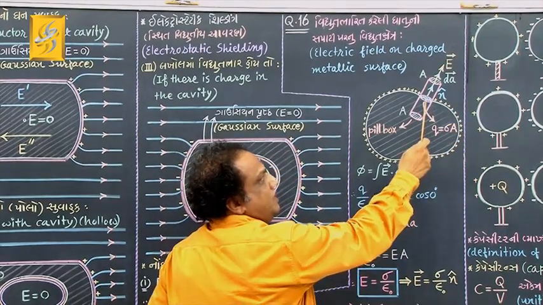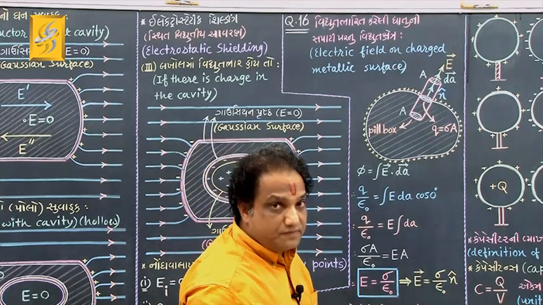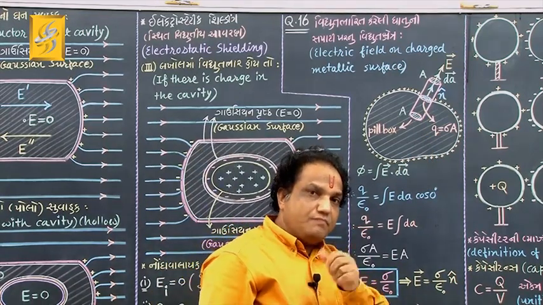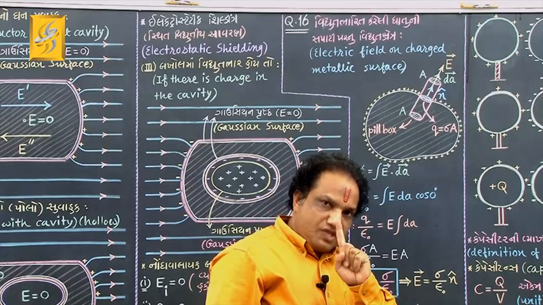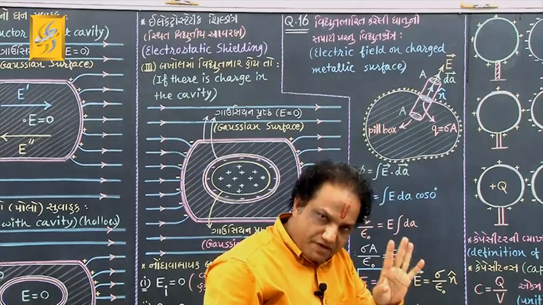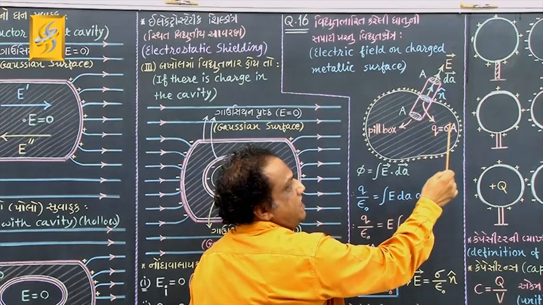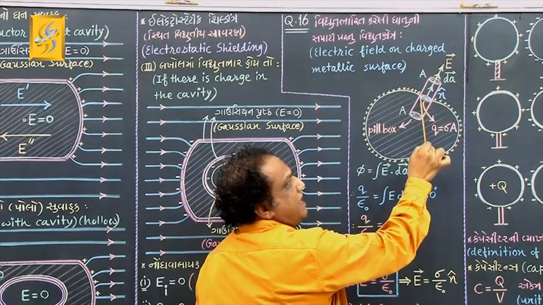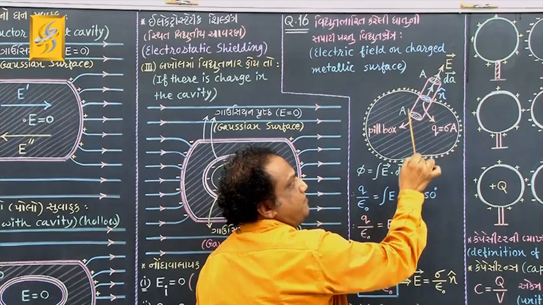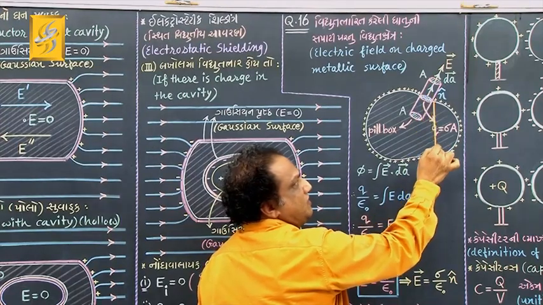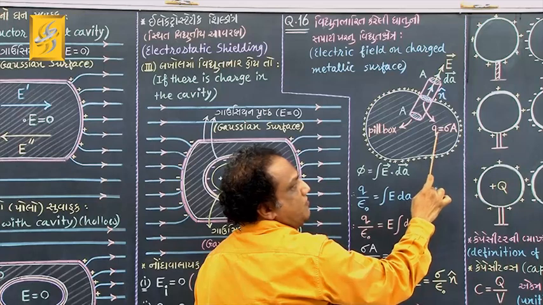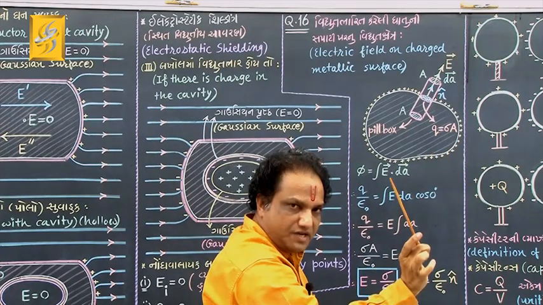In case of surface charge distribution, how would you find the charge? By formula, surface charge density multiplied by area. Surface charge density I am taking as sigma, and this area is A. So, the charge enclosed by this pill box on this surface is Q equals sigma A, correct.